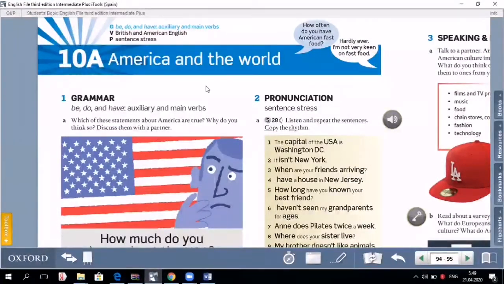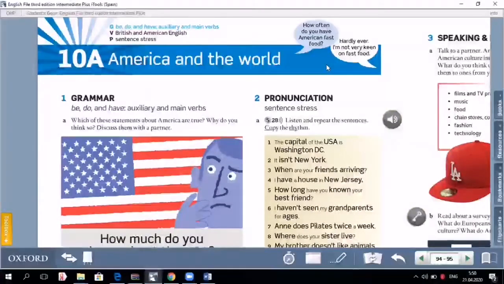Before discussing today's topic, I want to know, how much do you know about American culture? The US of America is a North American nation that is the world's most dominant economic and military power.